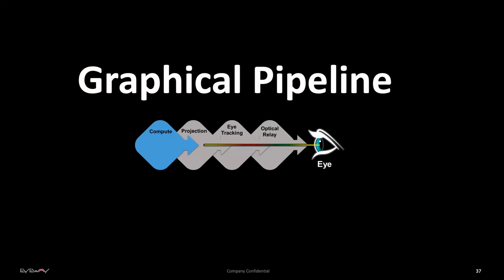So the graphical pipeline: basically 1/3 of the company is the software team, software and algorithms, meaning that we are developing our own drivers, mid-level software, plugins for Unity and Unreal, and all the low-level porting.